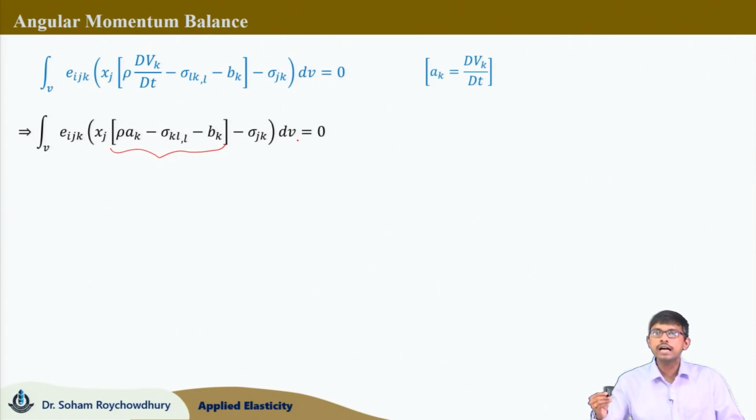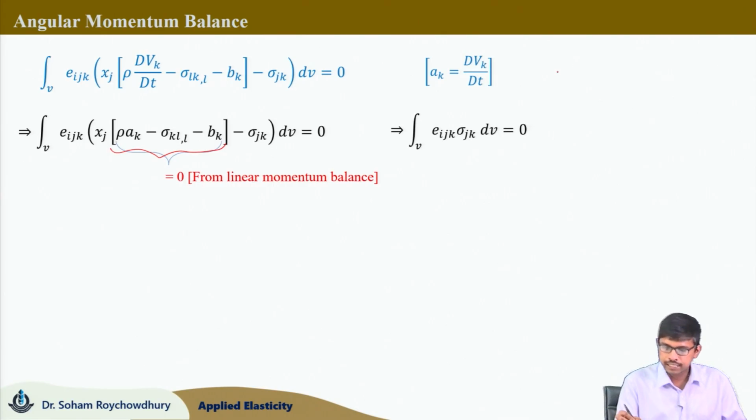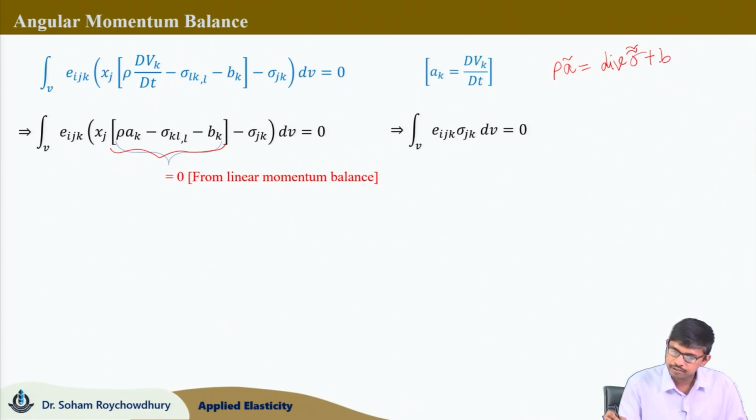Now, if you recall the linear momentum balance, what was that? Linear momentum balance was ρ a_k equals σ_kl comma l plus B_k. So, that was nothing but ρ a vector equals divergence of the σ tensor plus B vector. This was the linear momentum balance.